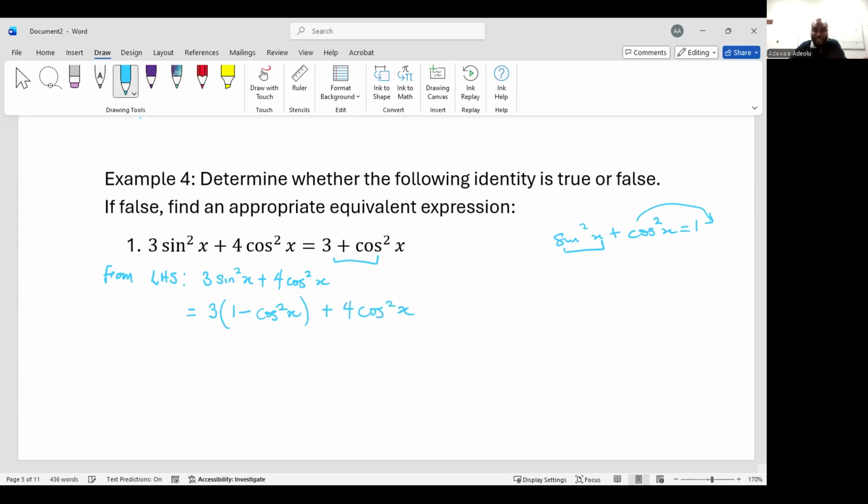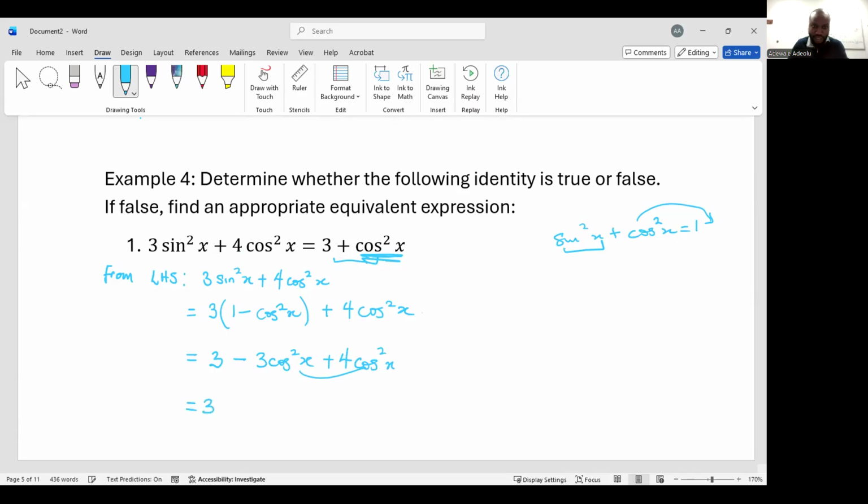I will not do anything to that because I know that my answer is in terms of cosine. So I will just leave it that way. I can open up, this is 3 minus 3 cosine squared of x plus 4 cosine squared of x. Now, I can combine these two.